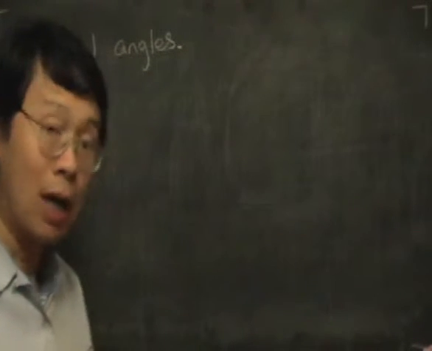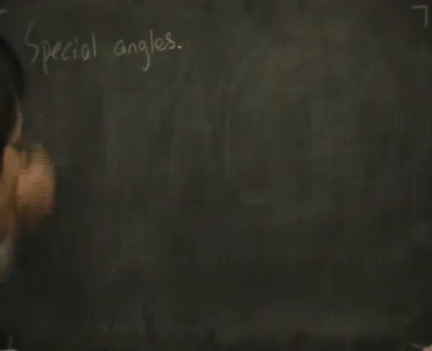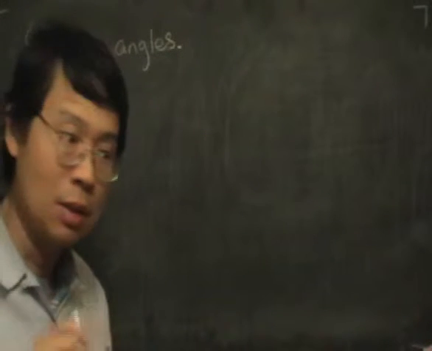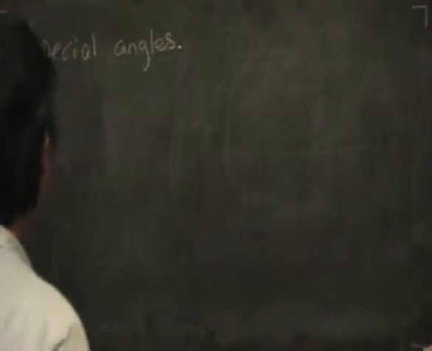Usually we can find the sines and cosines using a calculator, but for some angles we can actually do it by calculating by hand. So let's look at some examples.